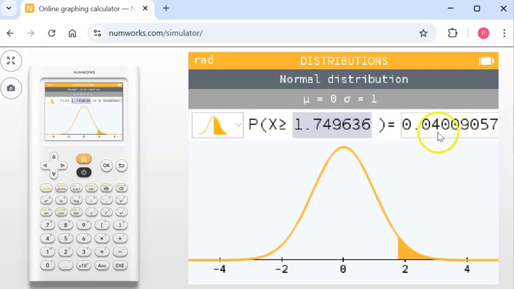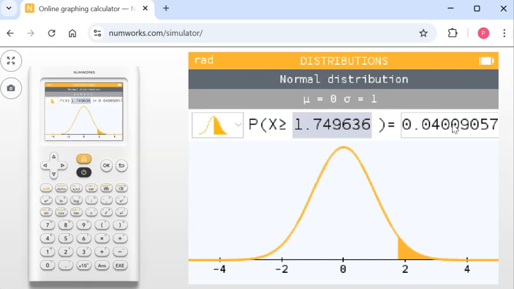And that equals 0.0400957. Now, I want to remind you that in a p-value, we have to multiply this number times 2 because this is only one of the tails, and we actually have to put it in both of the tails, okay? And so we're going to multiply this by 2. I'm going to grab a different calculator.